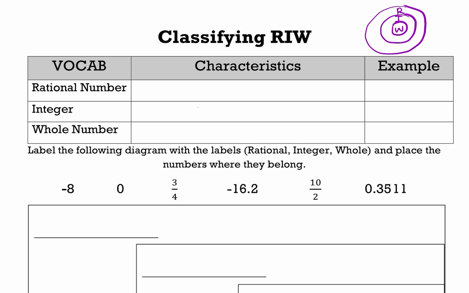All right, so let's talk about how to classify numbers. Each of our topics has a different characteristic that helps us to classify. Our first one is going to be rational numbers. In order to be a rational number, it must have a fraction or decimal part. Examples might be negative 2.3, or you might say 10 and 3/4.